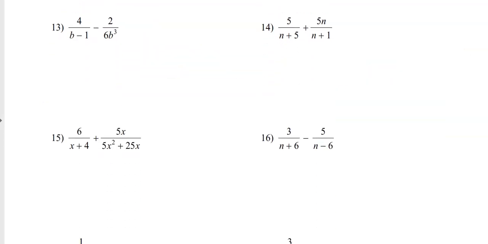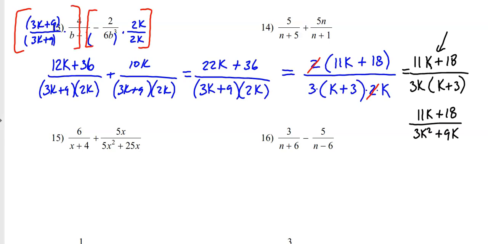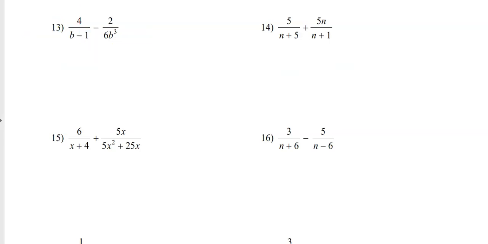All right, moving right along to number 13. Let's see what we can do here. So I'm going to try to do this one similar to the last one. I'm going to multiply the right side by b minus 1 over itself.